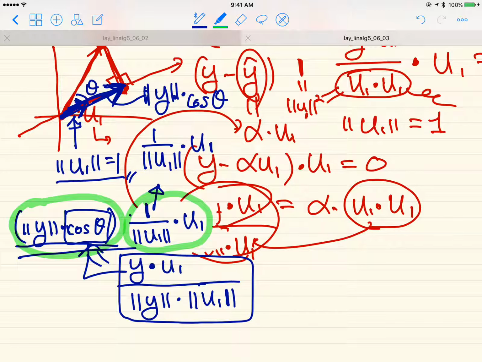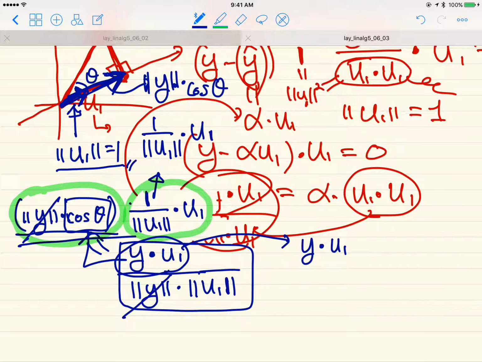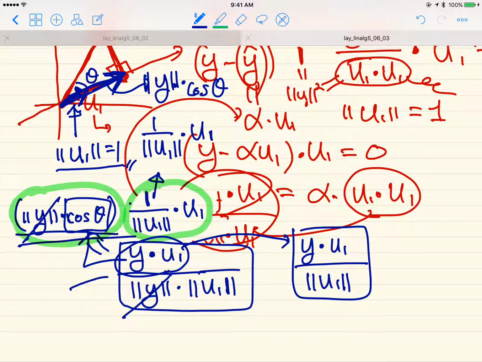Okay, and then we can cancel this out, right? We can cancel this out, and the remaining expression will become y inner product with u1 and the length of u1. This part is the same as the length of y times cosine theta, and we have this unit vector.